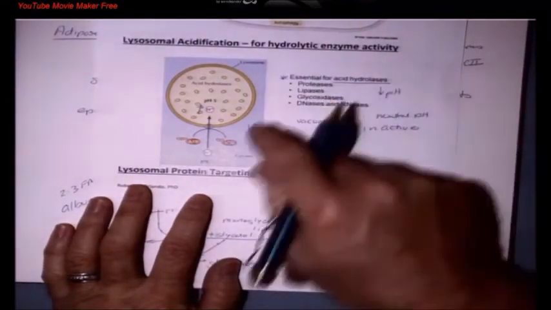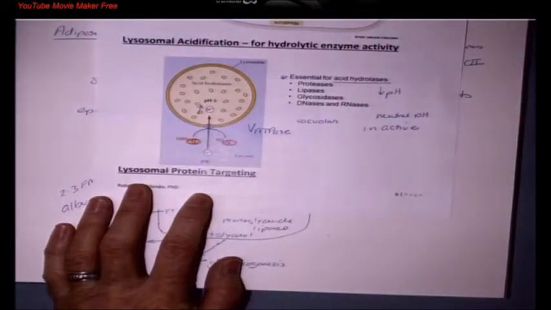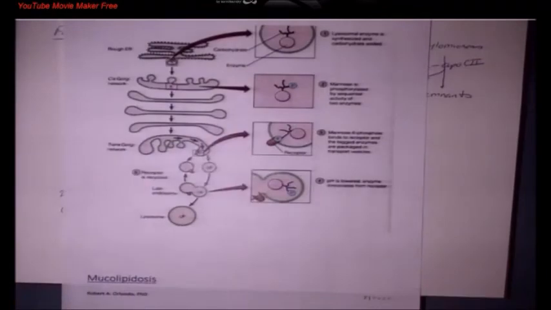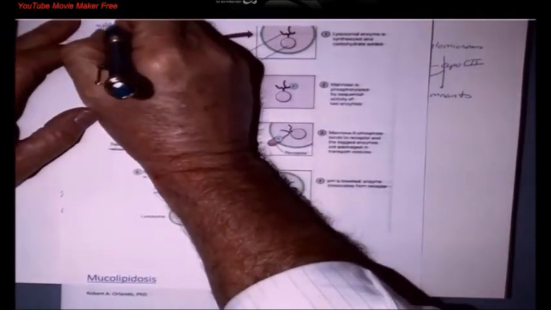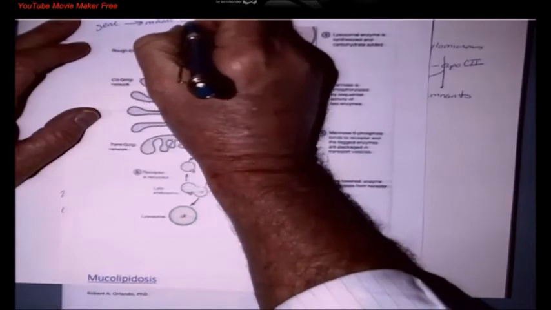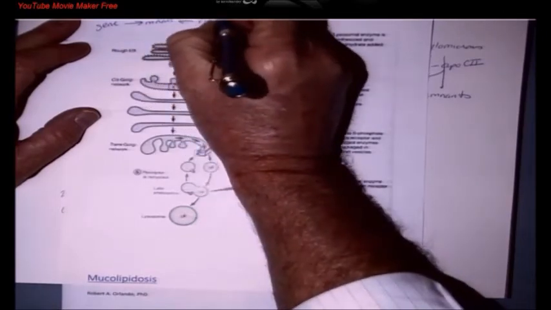So these molecules are made just like any other secreted proteins are. They're made in the endoplasmic reticulum. So remember, we have our gene in the nucleus. We make our mRNA. The mRNA, we have our ribosomes binding to this.